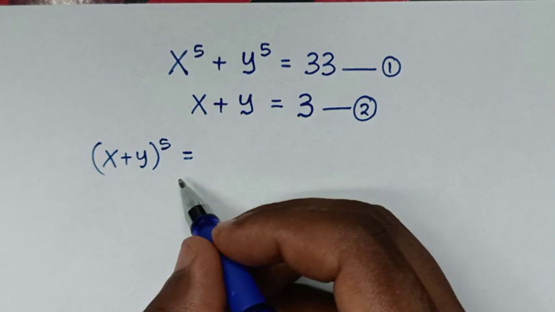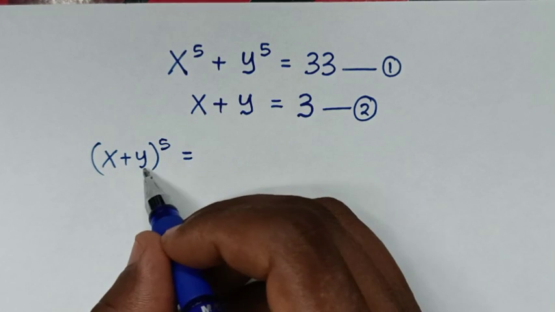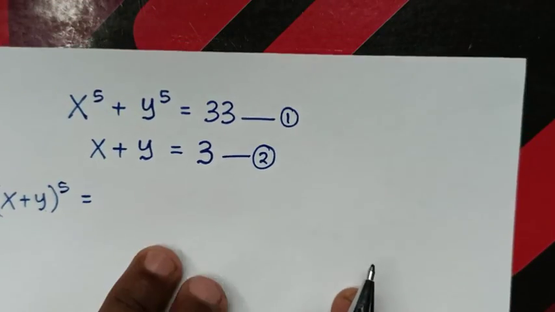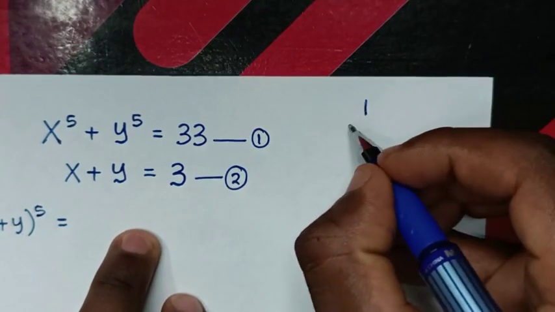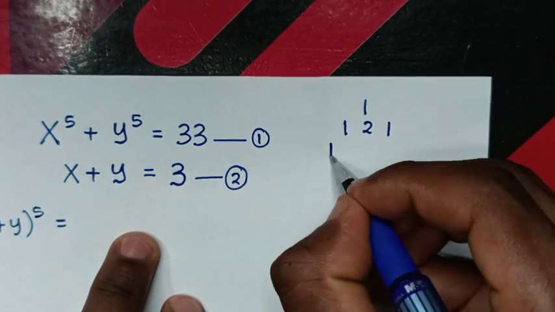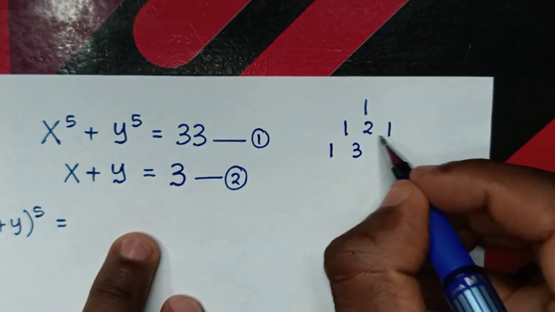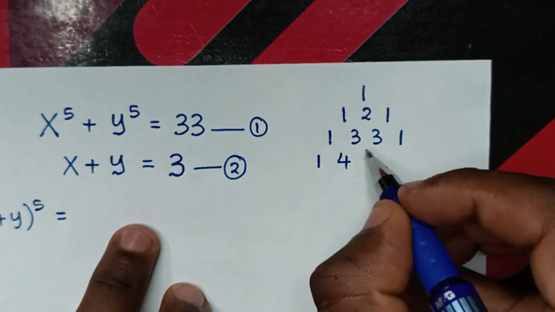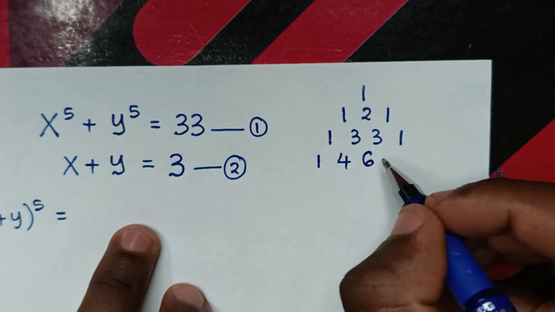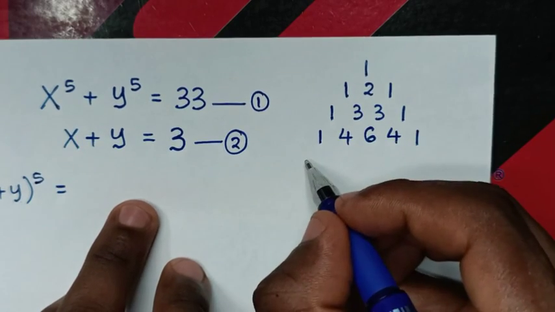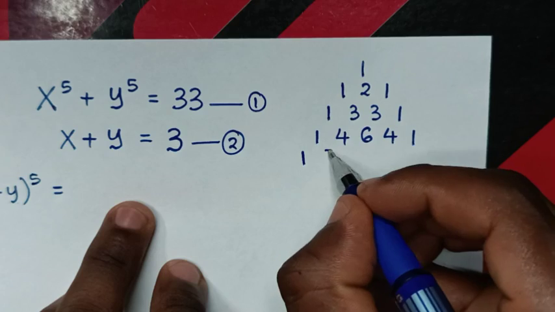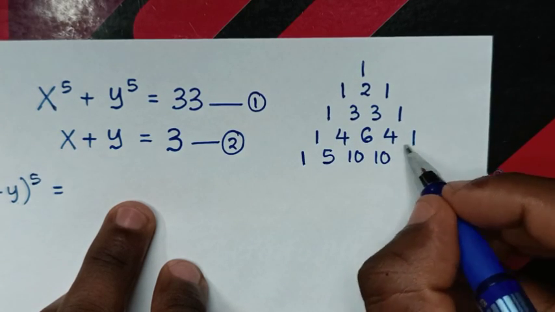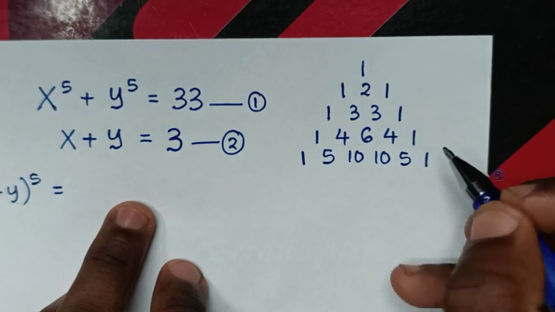We will apply the Pascal triangle formula, which is in this form: 1; 1 1; 1 2 1; 1 plus 2 is 3, 3 plus 1 is 3 1, then 1; 1 plus 3 is 4, 3 plus 3 is 6, 3 plus 1 is 4, 1; then 1; 1 plus 4 is 5, 4 plus 6 is 10, 6 plus 4 is 10, 4 plus 1 is 5, 1.